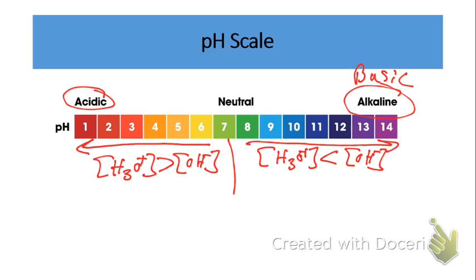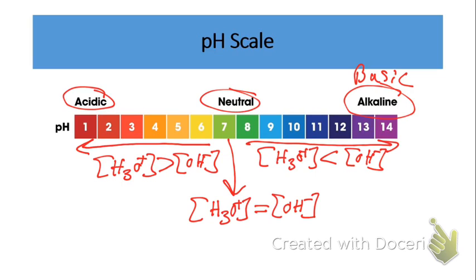So what happens at a pH of 7? Well, you probably already know this. The hydronium ion concentration is equal to the hydroxide ion concentration, and we have what is called a neutral pH at a pH of 7.